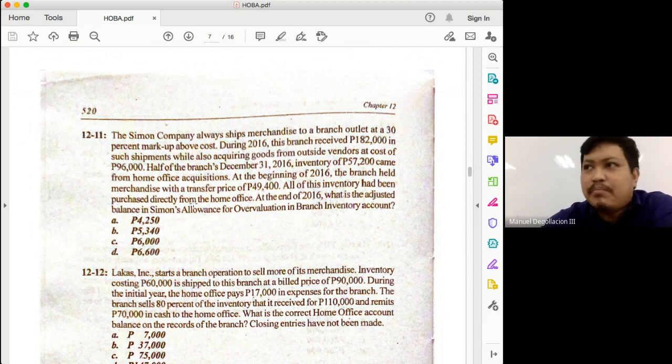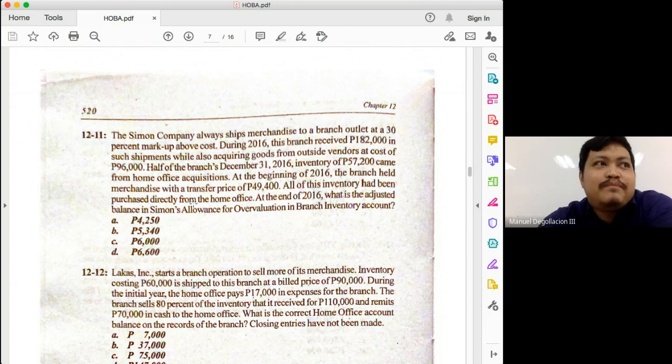As previously mentioned, goods acquired from outside suppliers or vendors are always at cost. Whatever amount we give up to acquire those merchandise is the cost that will be considered or recorded for those inventories. Only those coming from the home office will have an embedded markup.